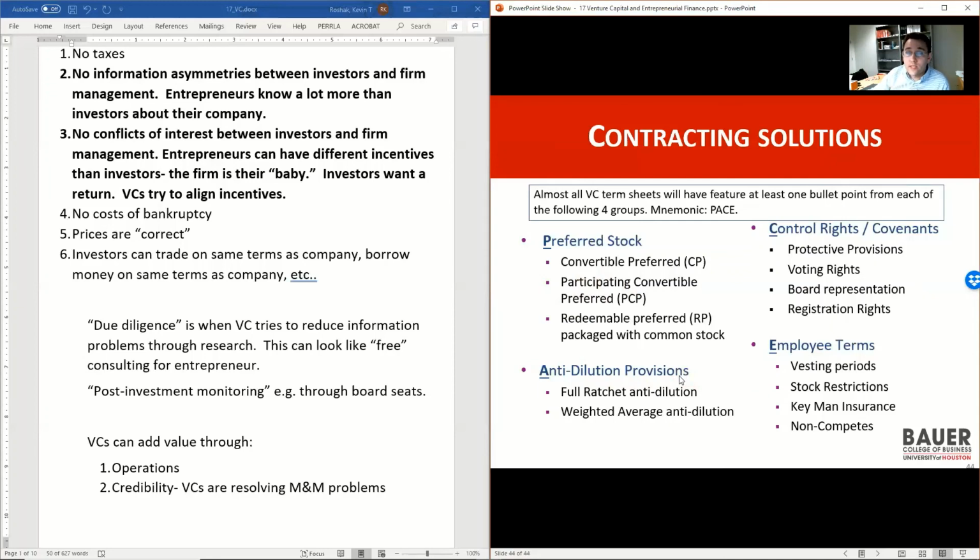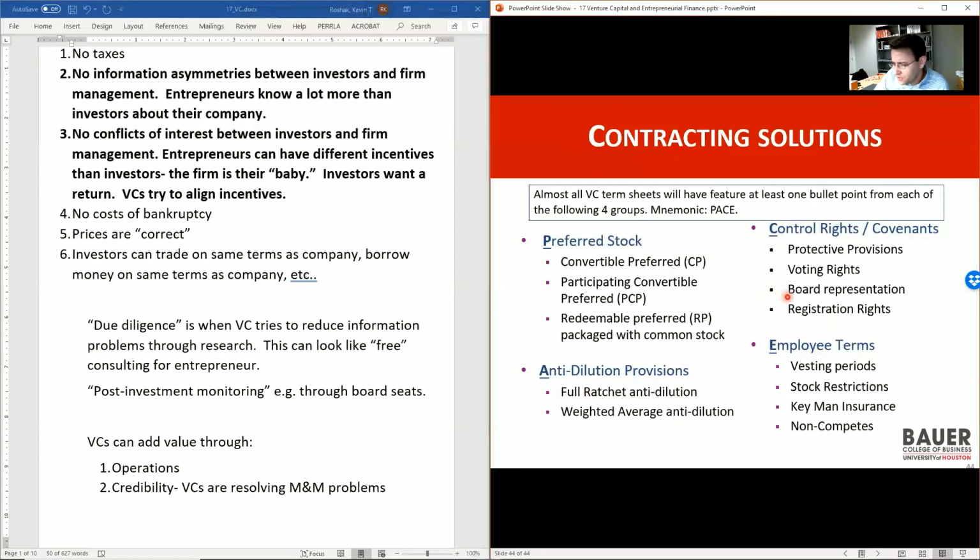This means that if the company raises more money down the line, the initial VC is protected. Okay, and again, there are very VC-friendly ways to do that, like a full ratchet. There's variance on that, but that's the idea. You want to make sure you protect the initial investor if there are new rounds of financing.